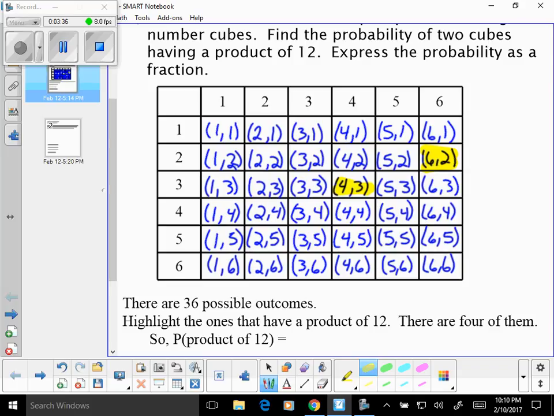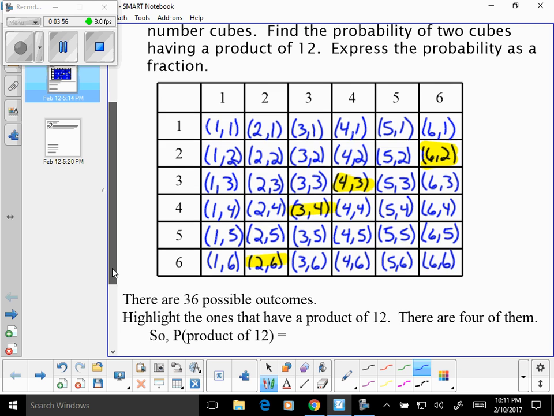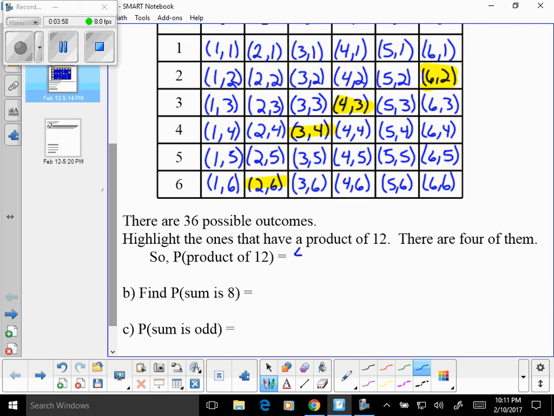Fourth row, I'll have 3 times 4. Fifth row, I'm not going to have any because 12 is not a multiple of 5. And in the sixth row, I will get 2 and 6. If you count them, you have 1, 2, 3, 4. So my probability is 4 out of 36, which equals 1/9.